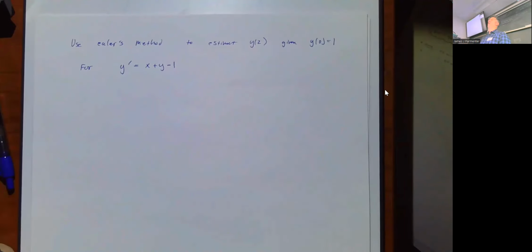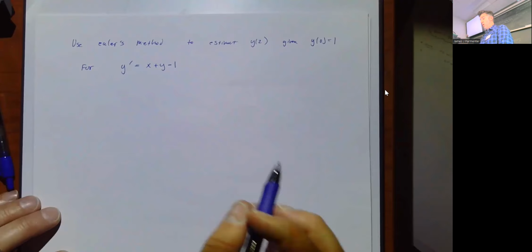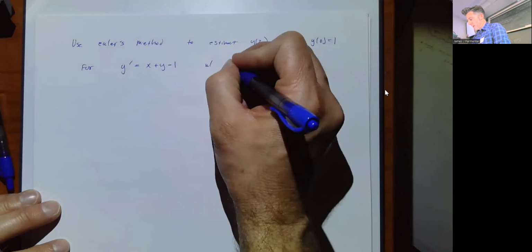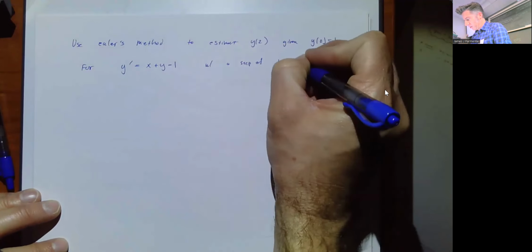Don't worry, it's not going to be any worse than it would usually be. And then later on we'll solve it, just because why not? It seems like a good problem to solve. First and foremost, with a step of h equal to 0.5.